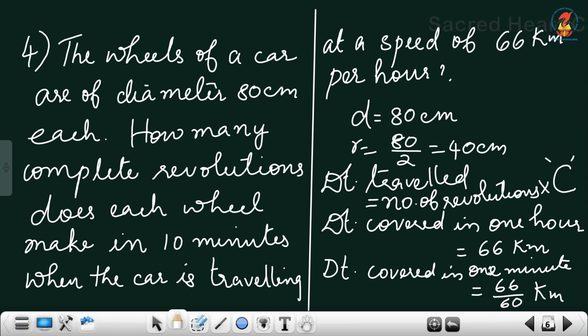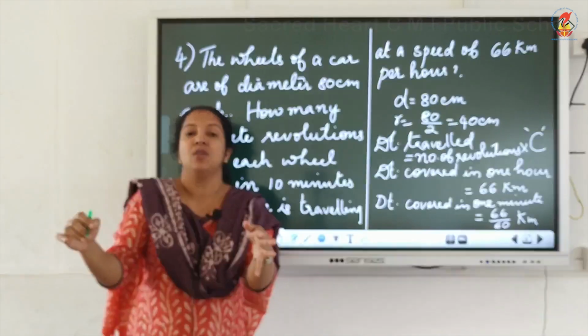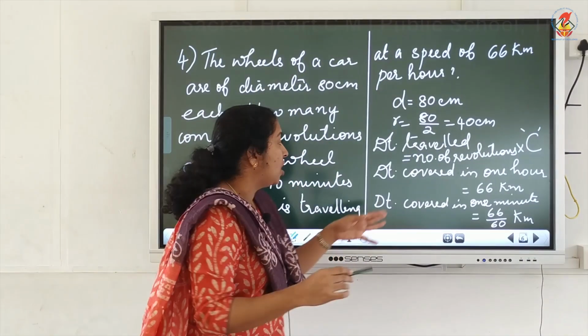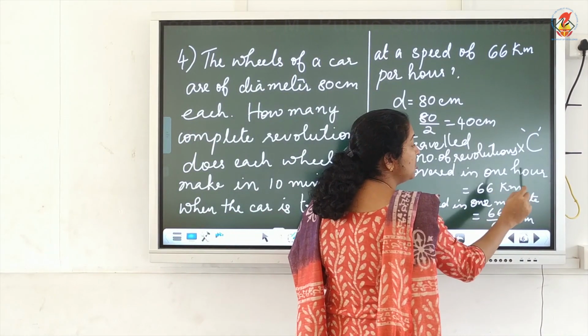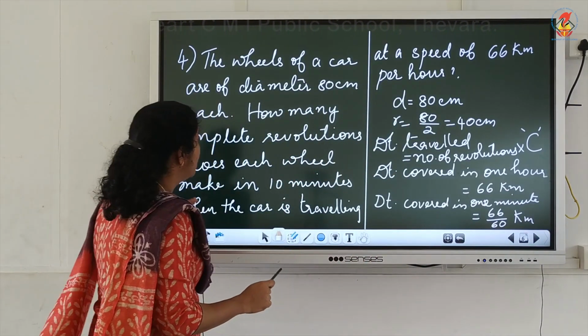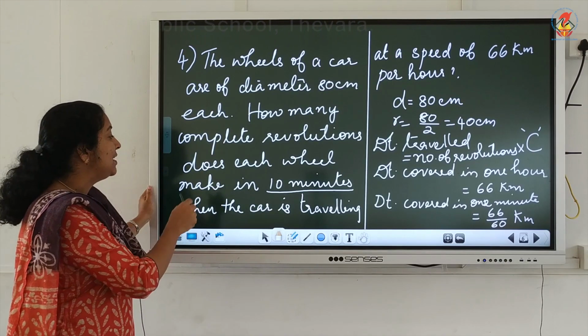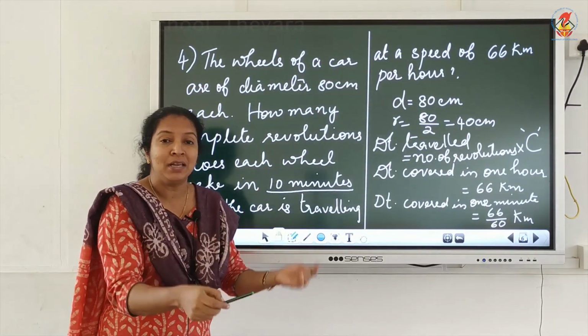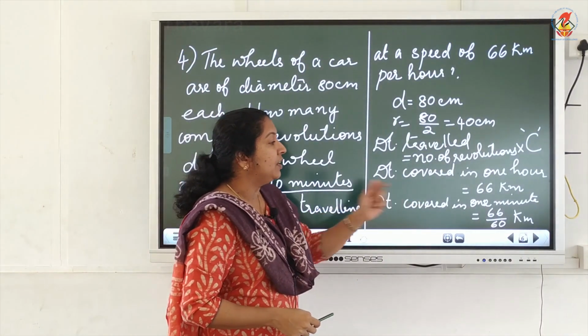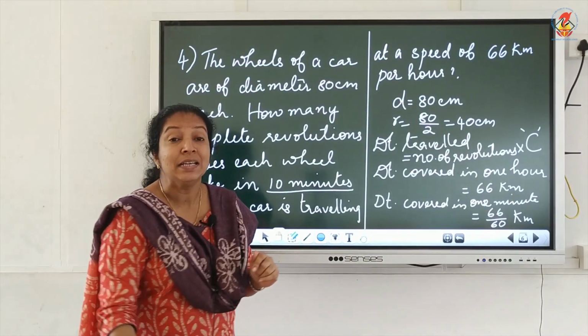But it is given that the speed of the car is 66 km per hour. That means in 1 hour the distance covered by the car is 66 km. What is given? What we need actually? Number of revolutions does each wheel make in 10 minutes. So, distance covered in 1 minute is 66 by 60.